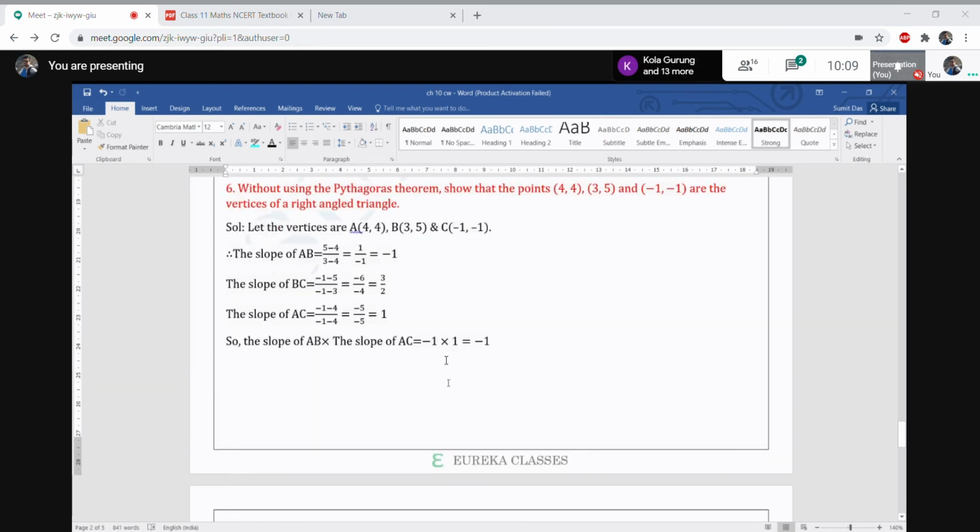So we can write, therefore, AB is perpendicular to AC.